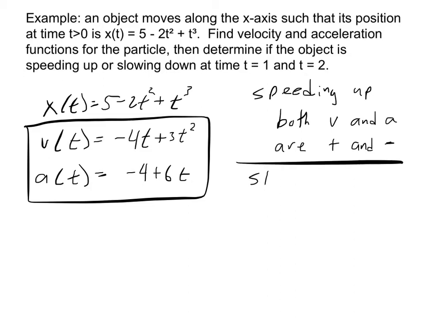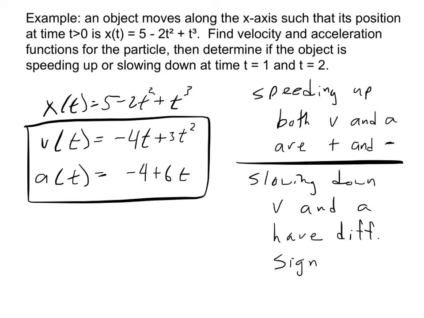The object will be slowing down if velocity and acceleration have different signs. So if one of them is positive and one of them is negative, it means that the object is slowing down.